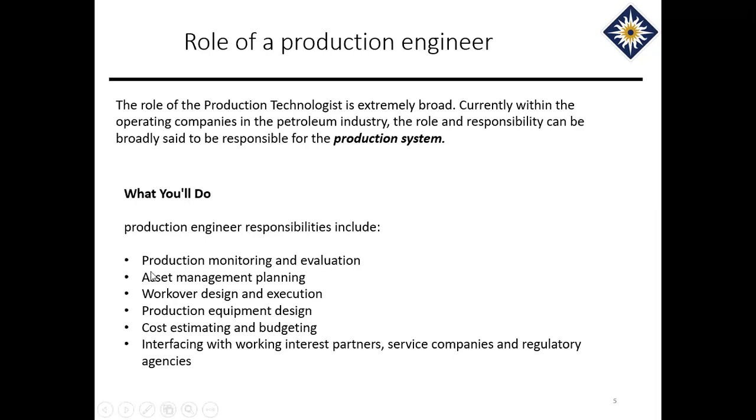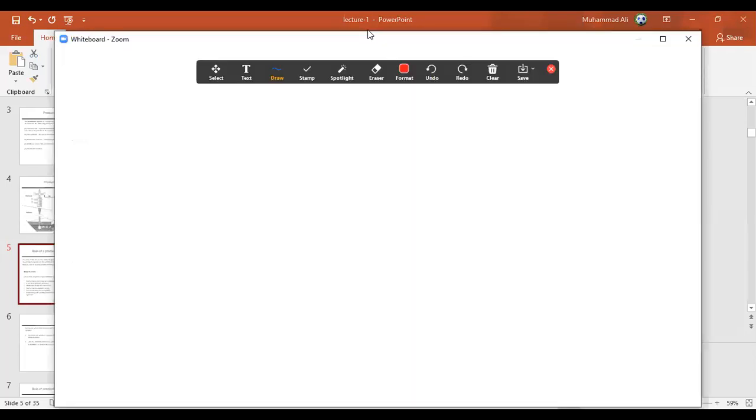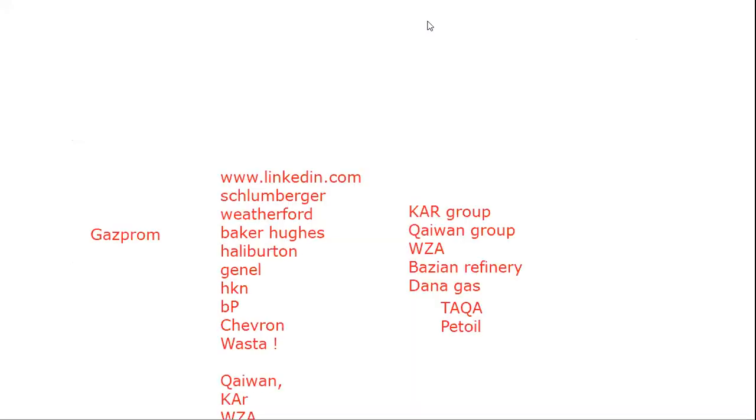Production monitoring and evaluation. Let me write it on the most important slide. Production monitoring and evaluation.